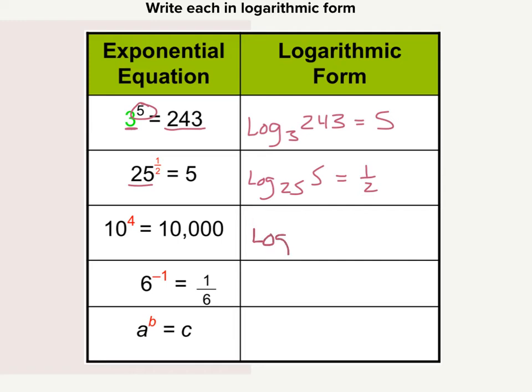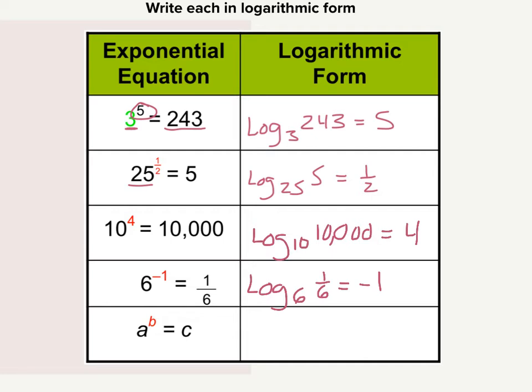We write log first, then our base goes into the basement, then we write our answer, and then equals the exponent. Next one, we do the same thing, log, our base goes into the basement. We write the answer, because A goes next to B, and then equals the exponent.